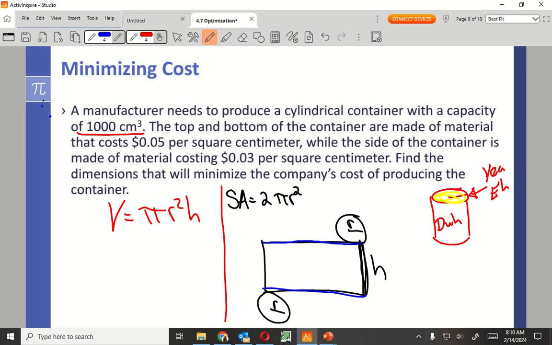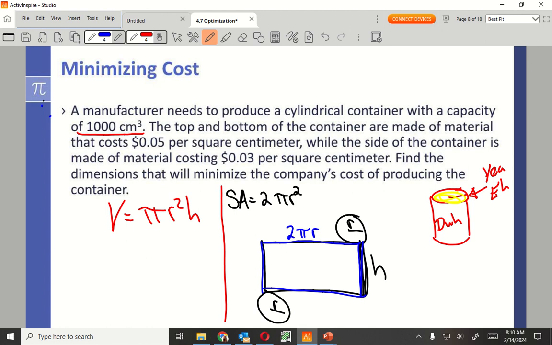That's on you. Okay. So this is going to be my 2 pi r. And if I multiply 2 pi r times the h, because this is a rectangle, isn't it? Since it's a rectangle, it's length times width, base times height, right?